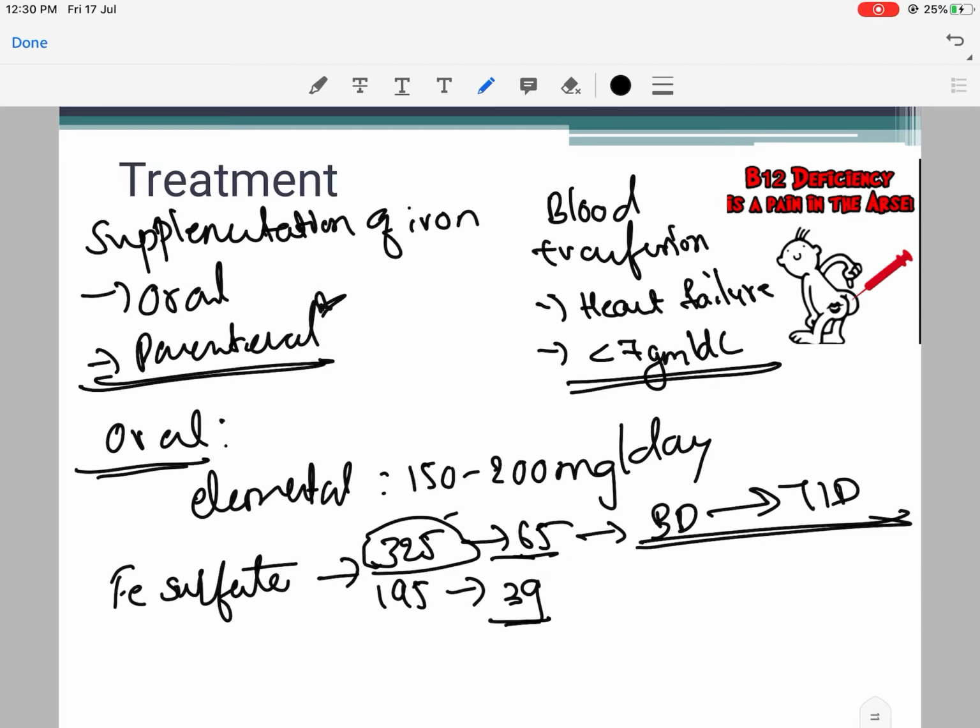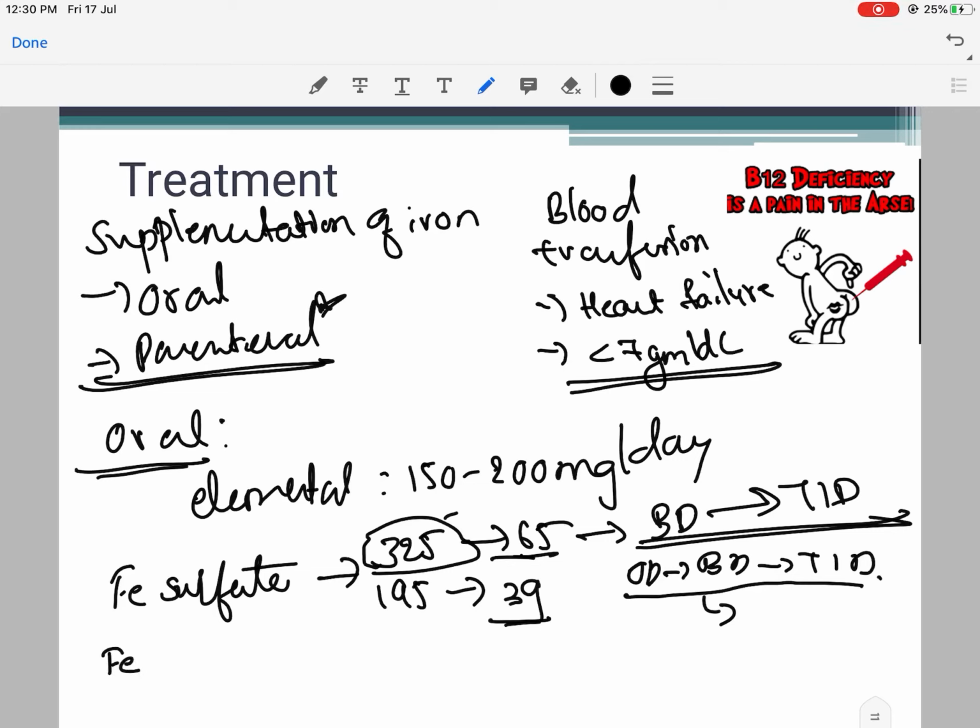That can be prevented by giving the iron dose with a meal, or by reducing the frequency. So initially start with OD, increase to BD, then to TID. If you start with a low dose, the treatment requires a longer duration.